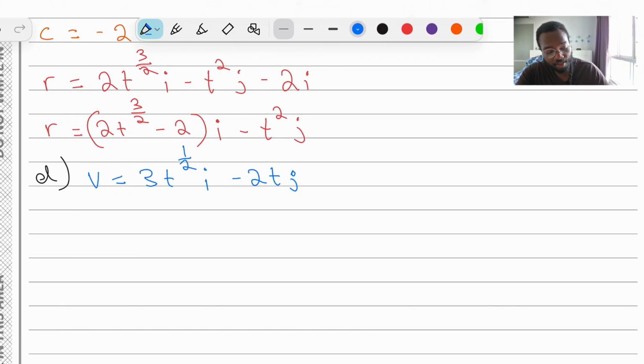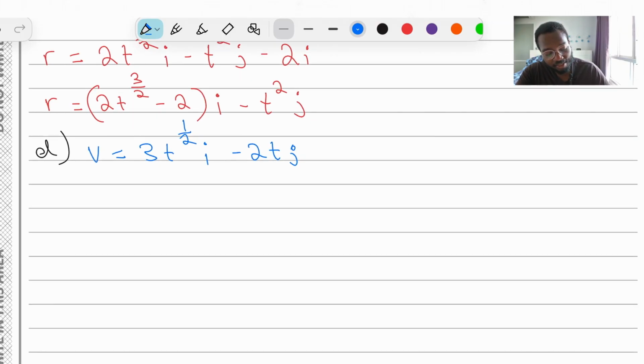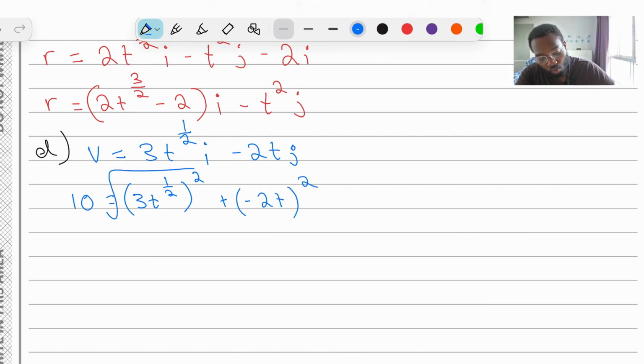That means 10 is equal to the square root of 3t to the power of a half squared plus minus 2t squared. Remember, i and j are just the horizontal and vertical components. That is what it means.